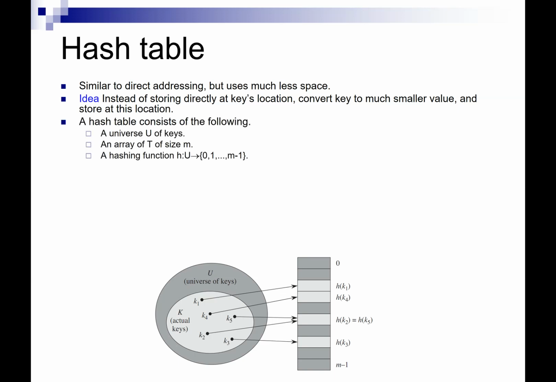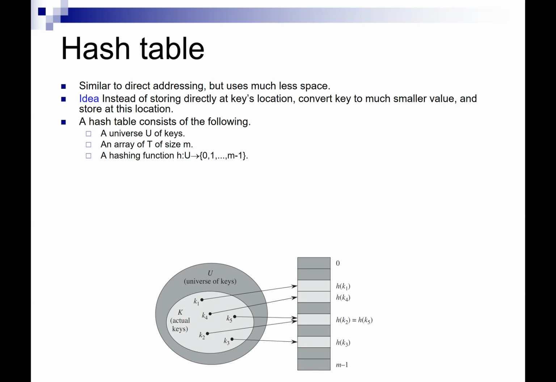More concretely, we have a hash table. It's going to consist, again, of a universe U of keys. We're going to need to use this notation later, which is why I'm defining everything right now. So we have a set of possible keys, which is this big U. We have an array which is being used to implement our hash table.